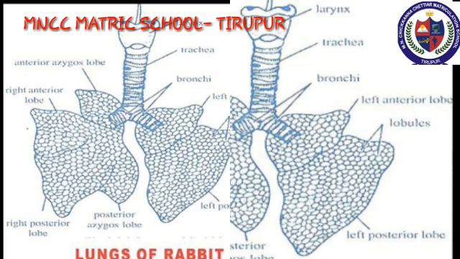The trachea divides into two branches called the bronchi, one entering each lung and dividing into further branches called bronchioles, which end in alveoli. The respiratory event consists of inspiration and expiration, allowing exchange of gases. Inspiration is an active process while expiration is a passive process.